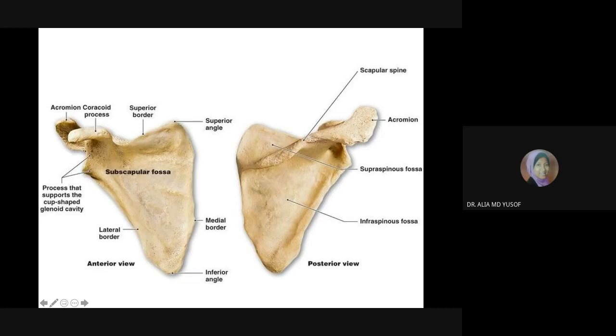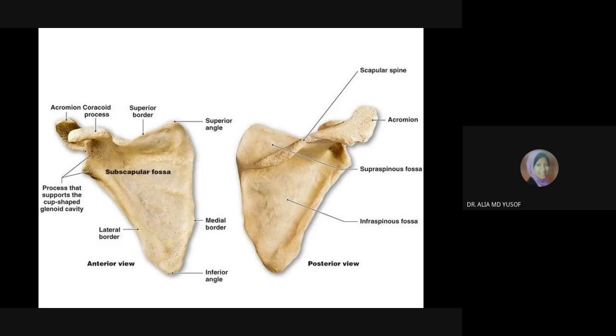Okay, you nampak tak perbezaan dia? Dua-dua scapula adalah sebelah kanan. Tapi apabila kita tengok daripada bahagian hadapan, anterior view, dan kita bandingkan dengan posterior view of the same right scapula, it has different structure. So inilah yang kita nak belajar macam mana nak differentiate.